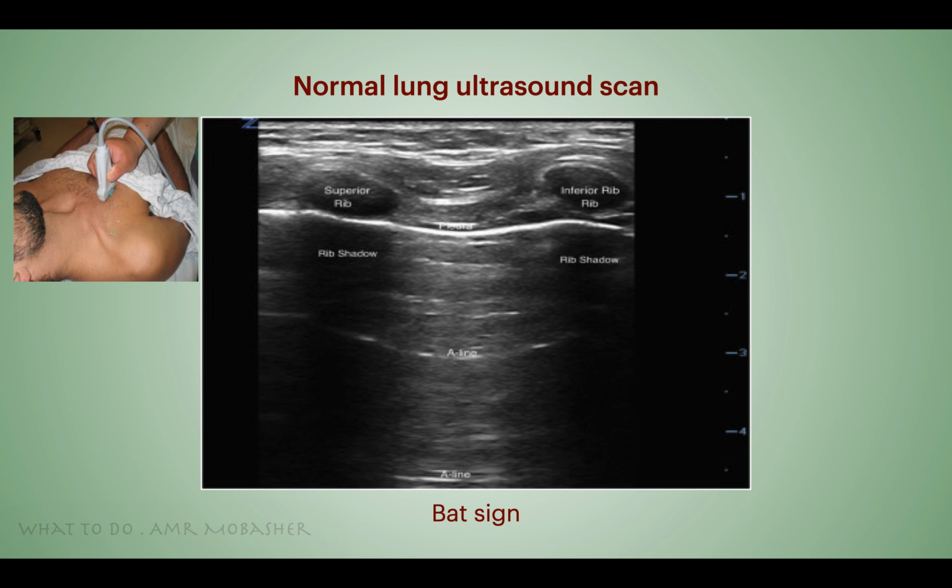So, quickly to recap and summarize the normal signs of lung ultrasound scan. First, on the anterior chest zone, we noticed the bat sign: two rib shadows, the lung in between, and the very nice bright hyperechoic pleural line. This is what's called the bat sign.